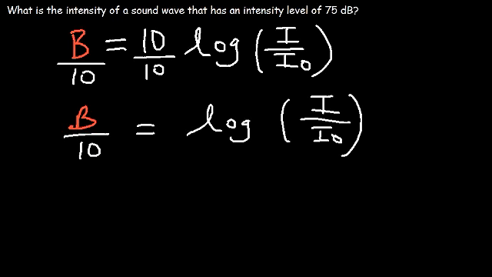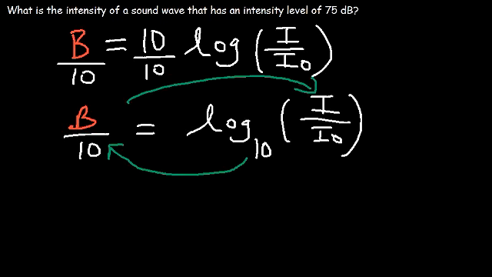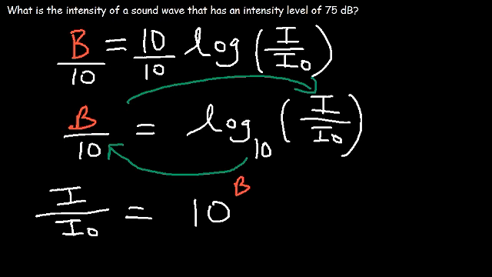Knowing that, the base of log is always base 10 if there's no other number provided. So 10 raised to the intensity level over 10 is equal to what's inside, that's I over I naught. So I divided by I naught is equal to 10 raised to the intensity level divided by 10.